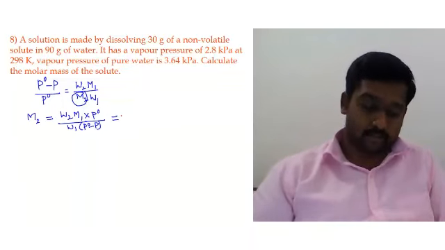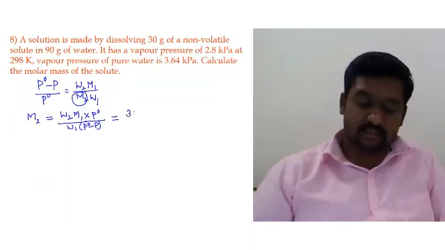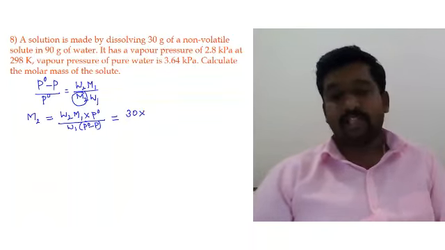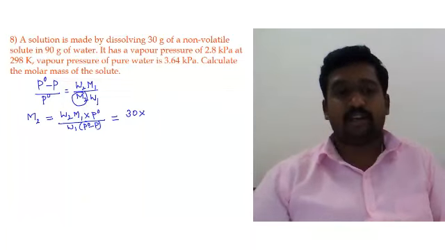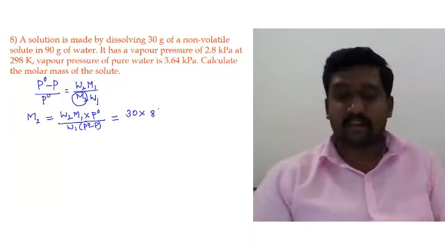Let me substitute all the values. W2 is mass of solute, which is given as 30 gram, into M1 is molar mass of the solvent, and solvent here is water. Therefore, the molar mass becomes 18.